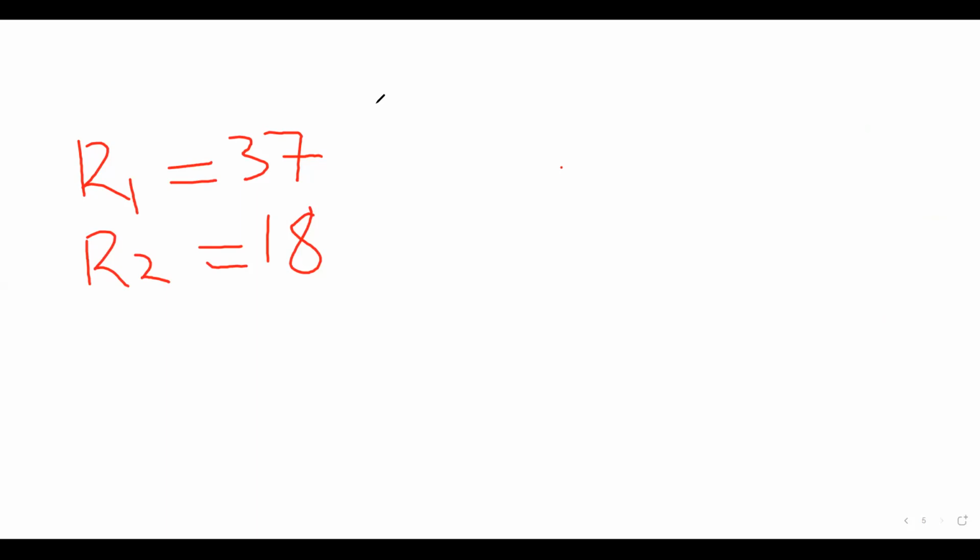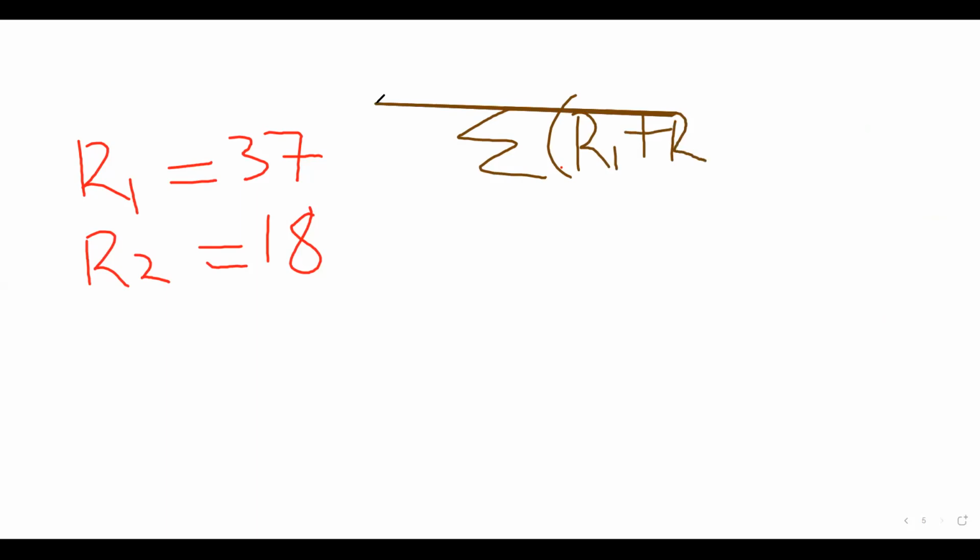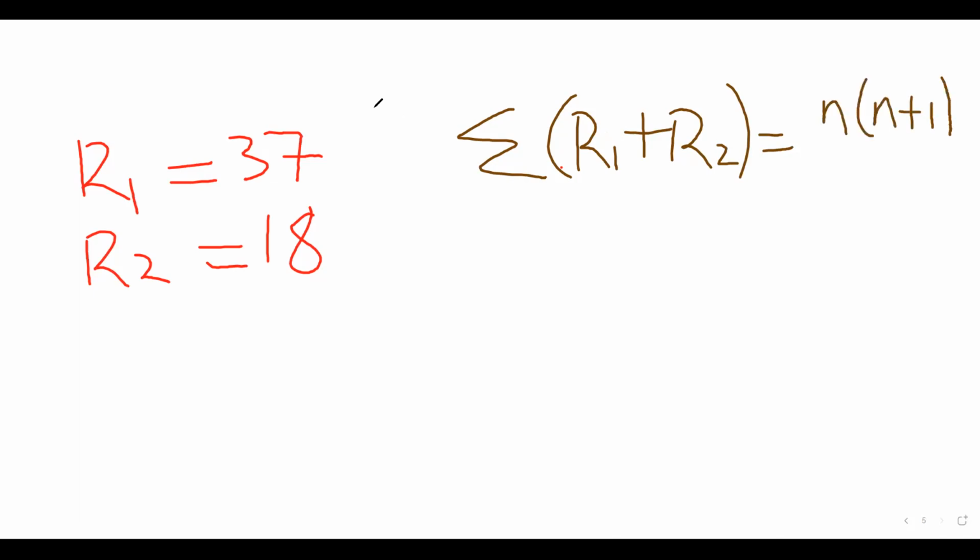It says that the summation of the ranks, R1 and R2, should be equal to n into bracket n plus 1, over 2.